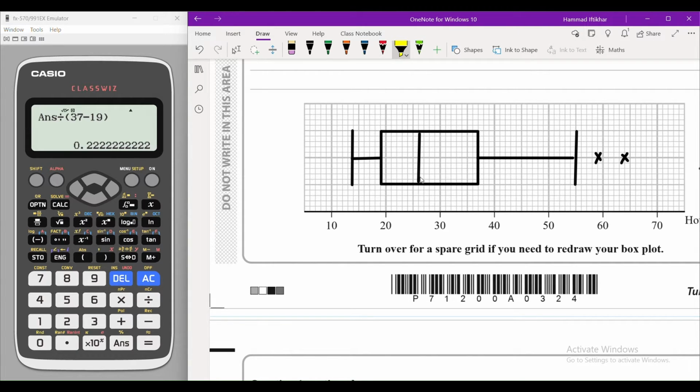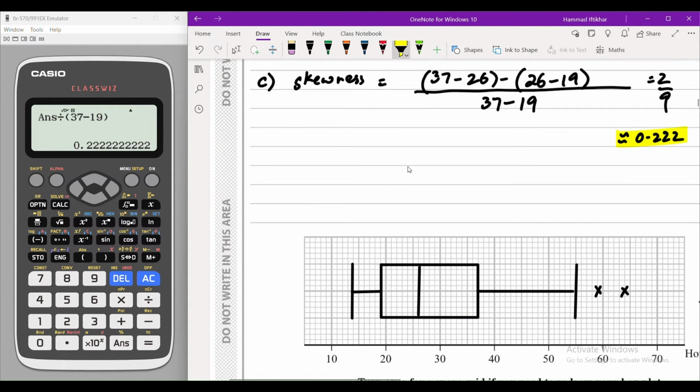Similarly, although it's not halfway, the difference between Q3 and Q2 as compared to Q2 minus Q1 is almost just 22%.